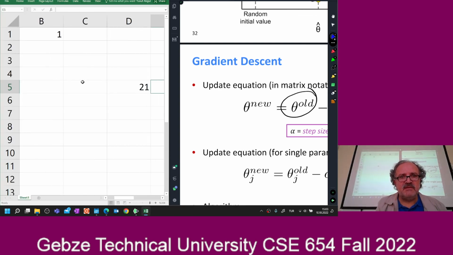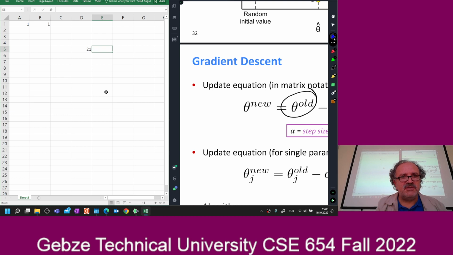Okay, make this a little bit smaller. Can you still see it? Yeah, I think you can. So I am going to put the derivative in here. So what is my derivative? My derivative is going to be 3 times, or why don't I copy this here and put it in here, right?